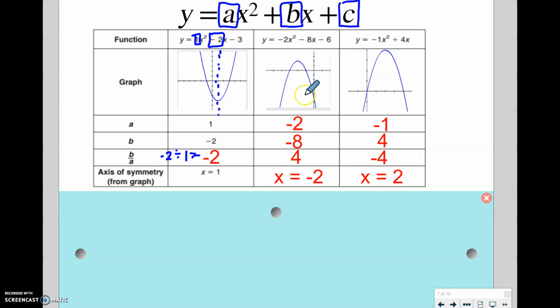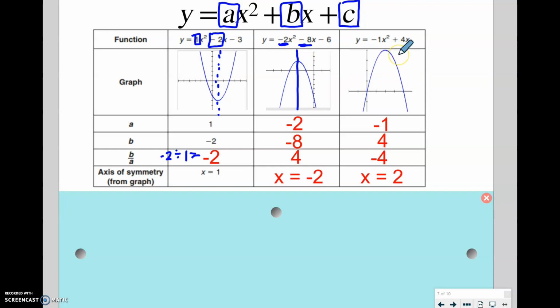On the second graph, here's what it looks like. My a value is -2 and my b value is -8. I'm going to take b divided by a, so -8 divided by -2, I get 4. My axis of symmetry is right here at -2.